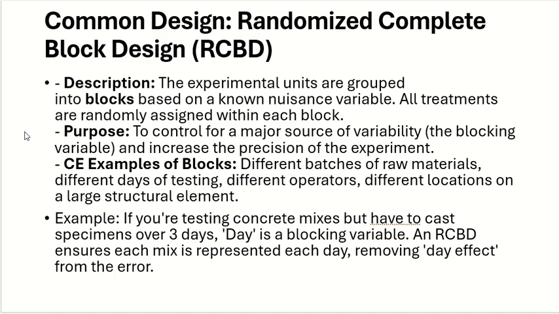So there were three pillars of experimental design. What? Control, replication, randomization. Control: we are saying we cannot control the nuisance variable, so we are controlling in a different way.